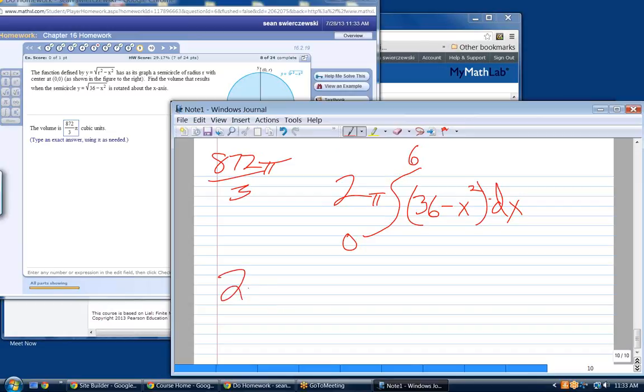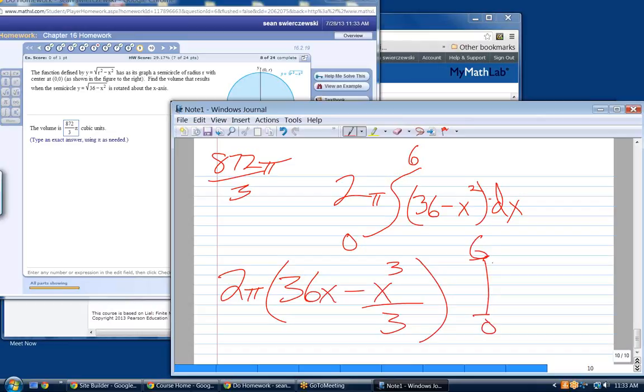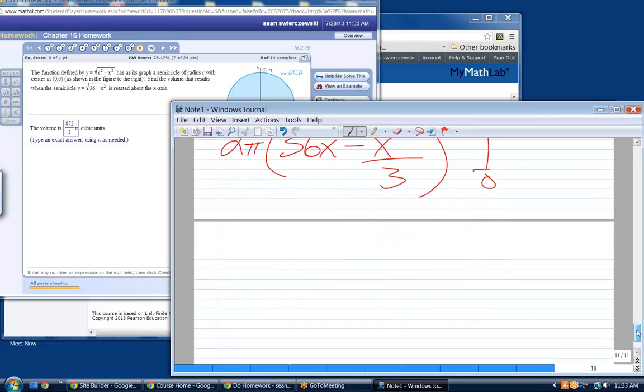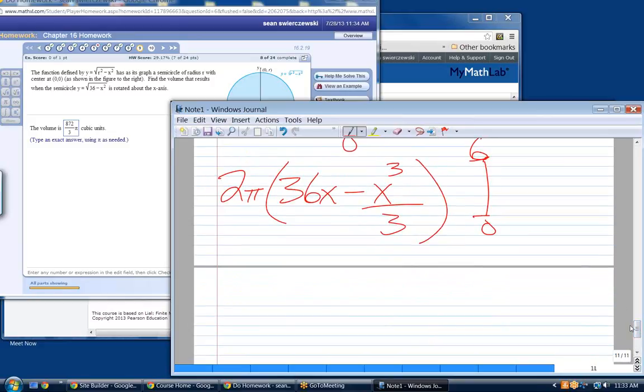So now we have 2 pi times 36x minus x cubed over 3 evaluated from 0 to 6. Why was it 2 pi just then? Because I'm only doing half of the sphere, and I'm going to multiply it by 2. It's an easier evaluation rather than having to go from -6 to 6.